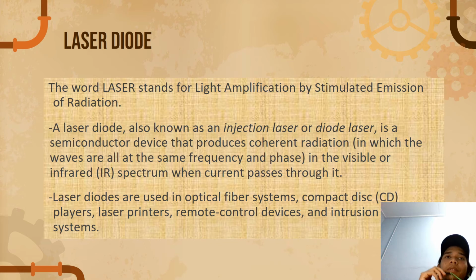Laser diode. The word laser stands for light amplification by stimulated emission of radiation. A laser diode, also known as an injection laser or diode laser, is a semiconductor device that produces coherent radiation, in which the waves are all at the same frequency and phase, in the visible or infrared (IR) spectrum when current passes through it.